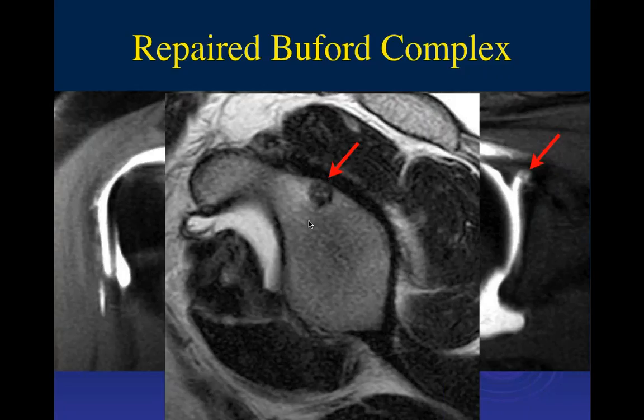Now, in some people you can see them quite well, and in some people all you see is just a thickened capsule, and at the glenoid area, the ligaments are very broad. So when you have the Buford complex, they just look like a part of the capsule thickened, and you don't see the labrum, and it imitates the labrum, as you see here on the arrow on the right.